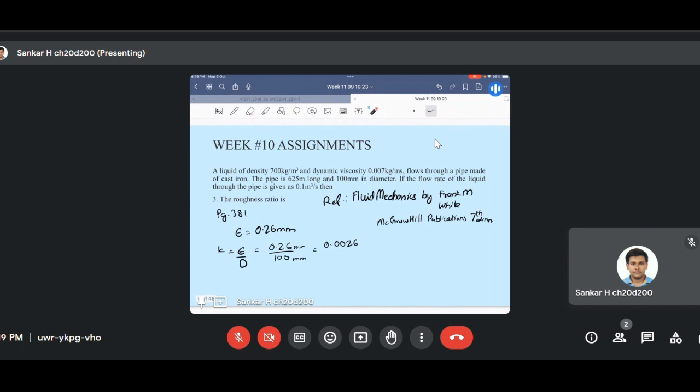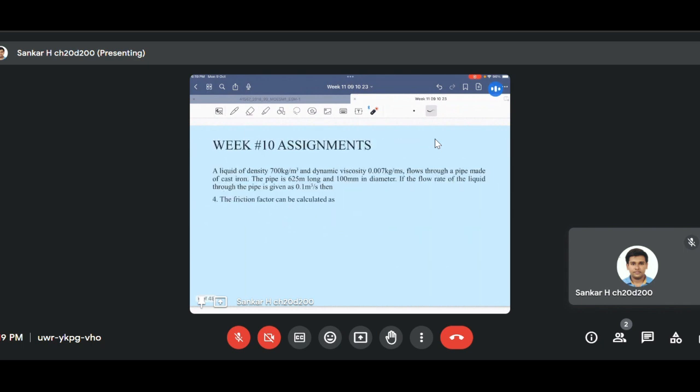Okay, so we'll move on to the next question. We've been asked to calculate the friction factor over here.